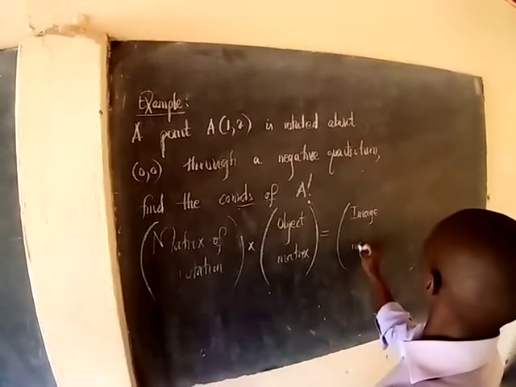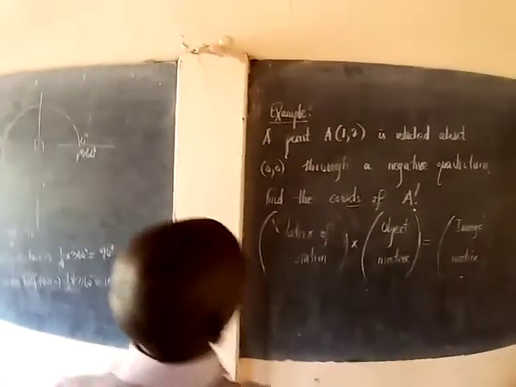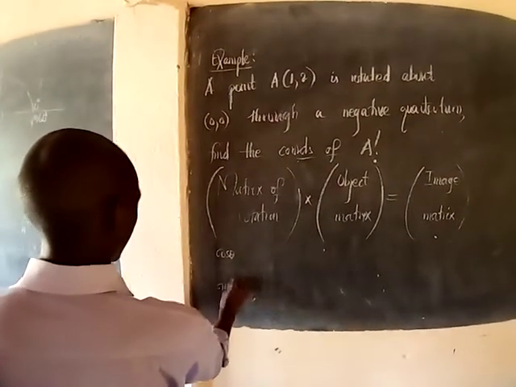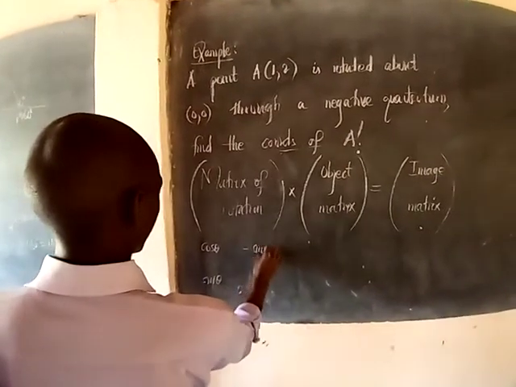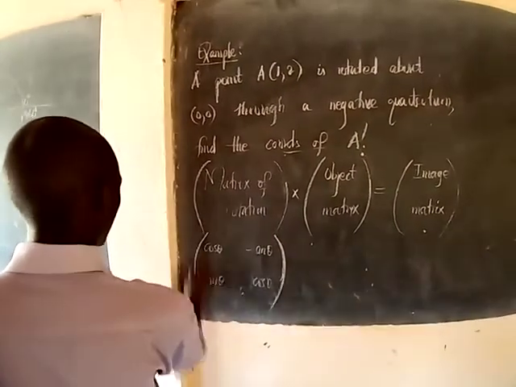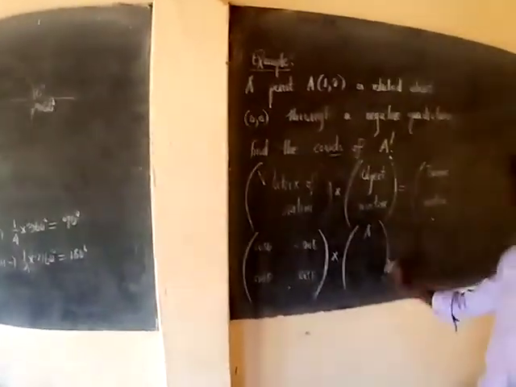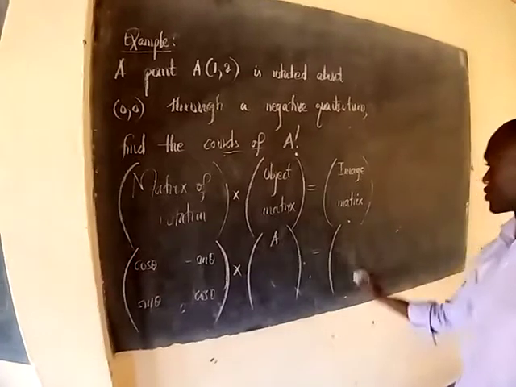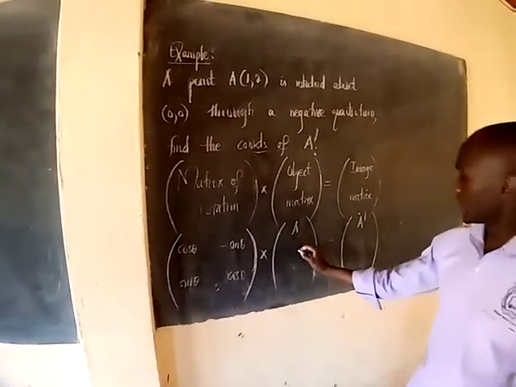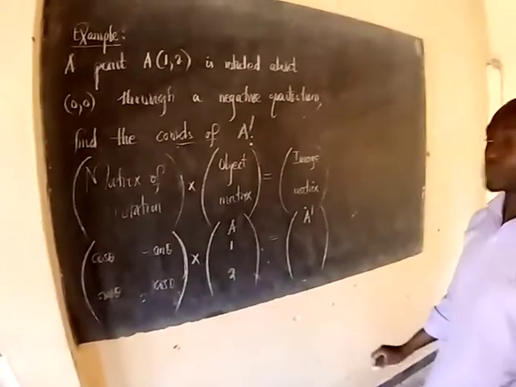The matrix of rotation, remember, is cos theta, sin theta, negative sin theta, cos theta, multiplied by the object matrix, which is A. The resultant will be the image matrix, which will be A prime. We know our A is 1, 2, and A prime is what we don't know.